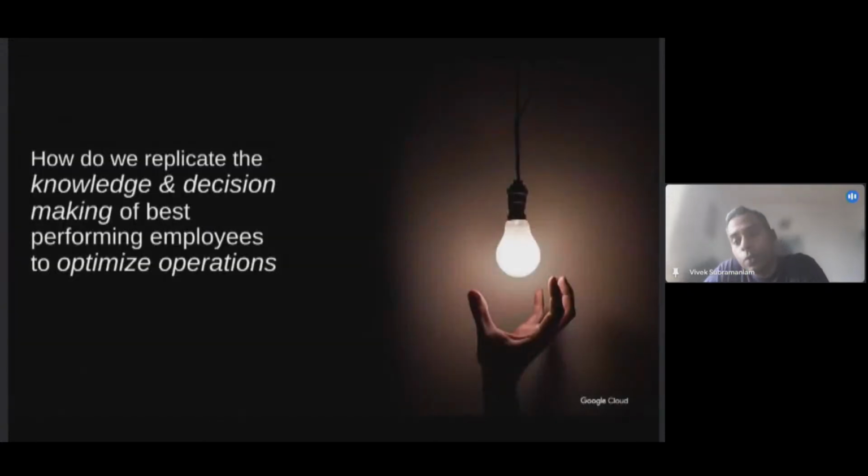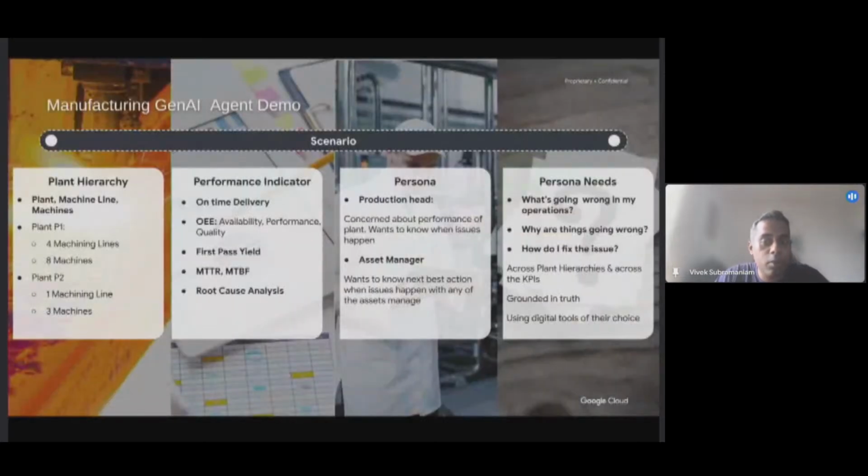A simpler way of looking at agents is: what if you could use generative AI's capabilities and all the reasoning that it has to replicate the performance of your best performing analyst or your best performing employee? How do you take all that heuristic knowledge and embed it into generative AI?